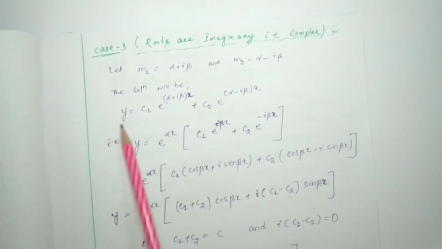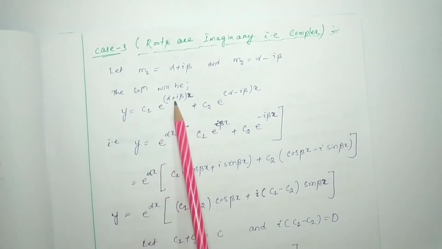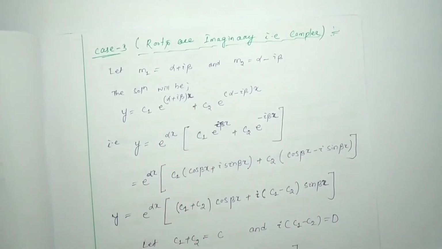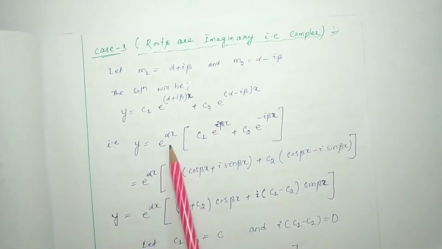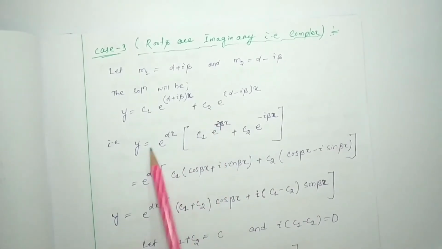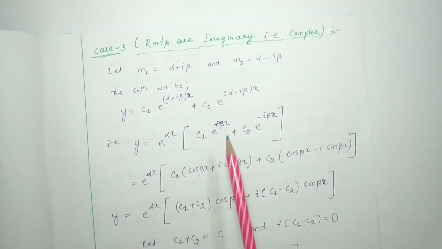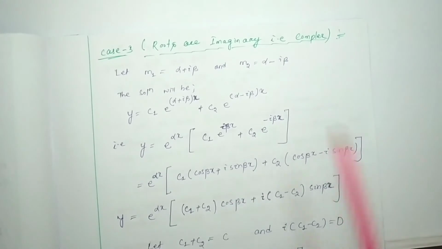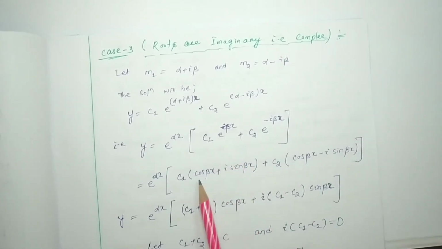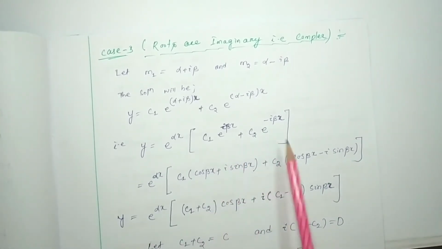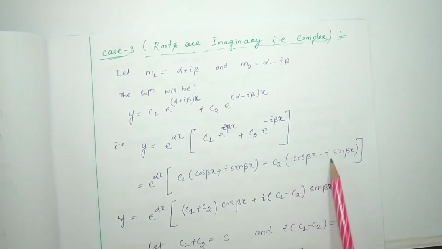So y equal to c1 e to the (alpha plus i beta) x plus c2 e to the power (alpha minus i beta) x. You can take e to the alpha x outside: c1 e to the i beta x plus c2 e to the minus i beta x. Now e to the i beta x can be written as cos beta x plus i sin beta x, and e to the minus i beta x as cos beta x minus i sin beta x.